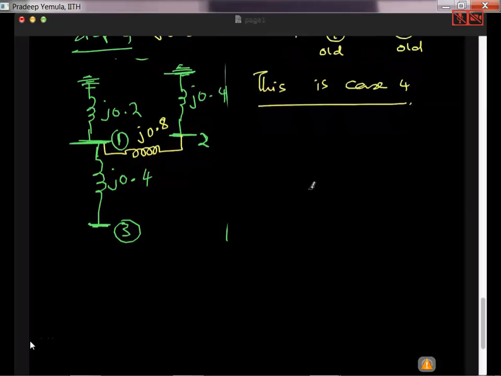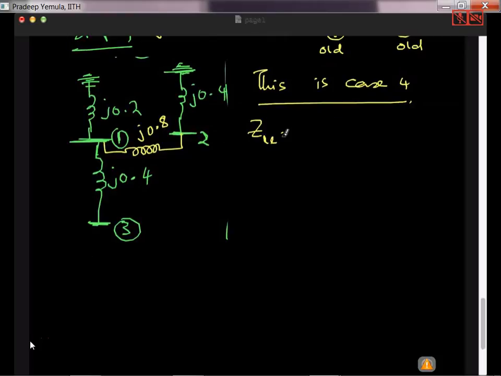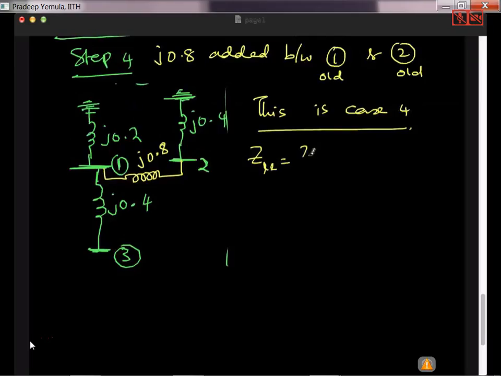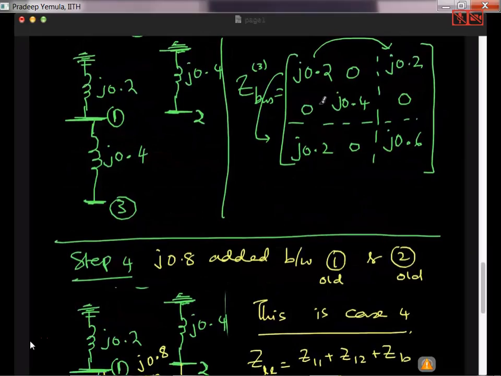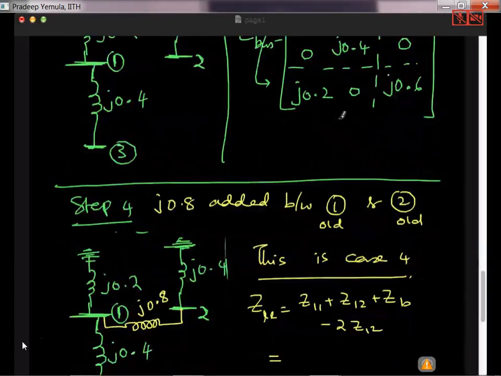So first what I will do is I will find ZLL. So what is ZLL? Z11 plus Z22 plus ZB minus 2 into Z12. So this is my ZLL. So Z11, just go to the previous, it is J0.2 and J0.4.